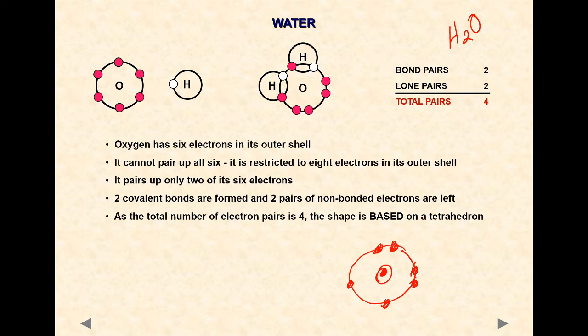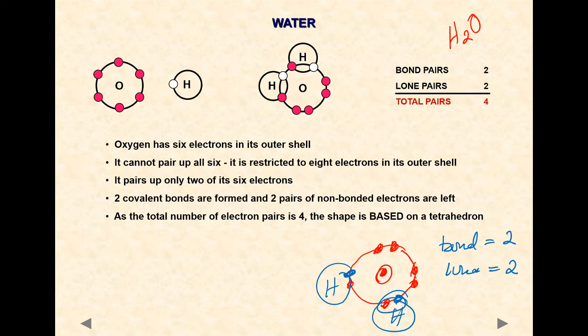Then it's bonded to 2 hydrogens, 1 hydrogen here with 1 electron, 1 hydrogen there with 1 electron. So now when you begin to count the pairs, the bond pairs will be equal to 2. Lone pairs will be equal to 2.